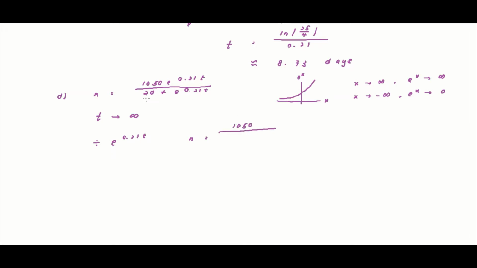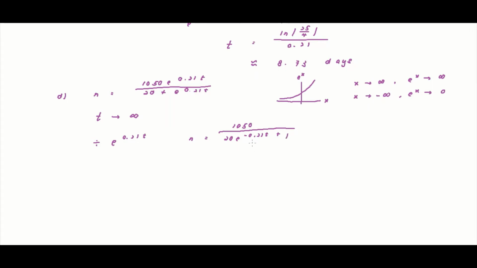How about the denominator? 20 divided by e^(0.21T) gives 20e^(-0.21T), right? It's like 20 over e^(0.21T), so I bring this up and it becomes negative. Then for the last part, when you divide, you are left with only 1, so plus 1. Now this is the equation that we have.